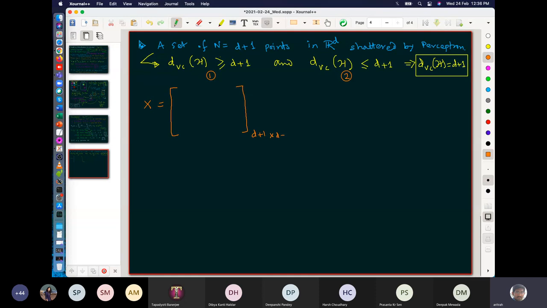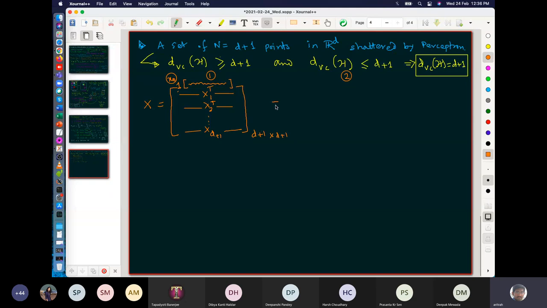It's a square matrix of D plus 1 cross D plus 1, because each point x1 transpose starts off with a mandatory 1, that is your x0 value. Remember in perceptron, and the rest is your D numbers. And we have D plus 1 points. Suppose this is my input matrix, or the input set of points I have given it.